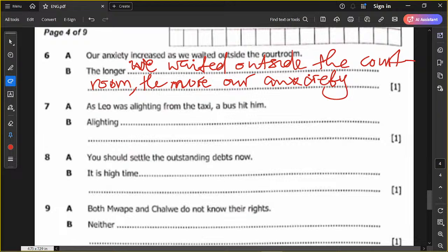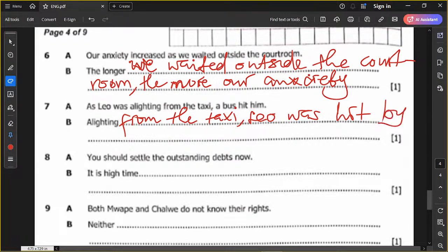So alighting from the taxi, Leo was hit by a bus, like that. Okay, we come to question 8.